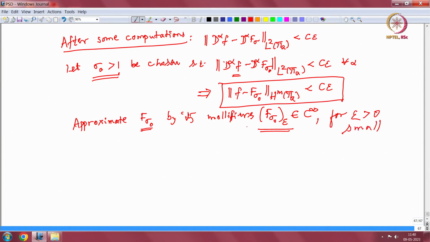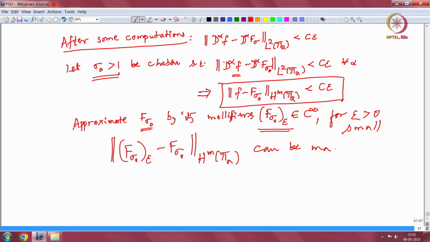This we have already seen, so f sigma naught epsilon minus f sigma naught, again in H^m(Pi a), can be made small as we please by choosing epsilon small.